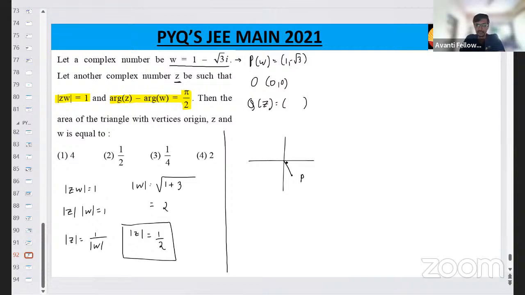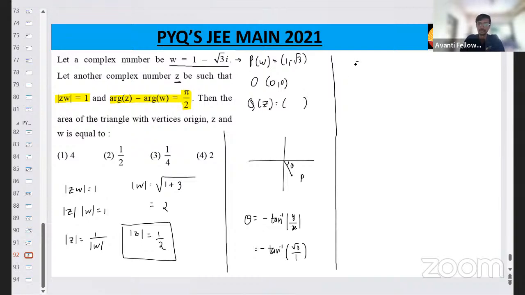And if you remember here, theta is basically minus tan inverse of y by x. That is minus tan inverse of root 3 by 1, right? That is minus tan inverse of root 3, which is nothing but minus pi by 3.